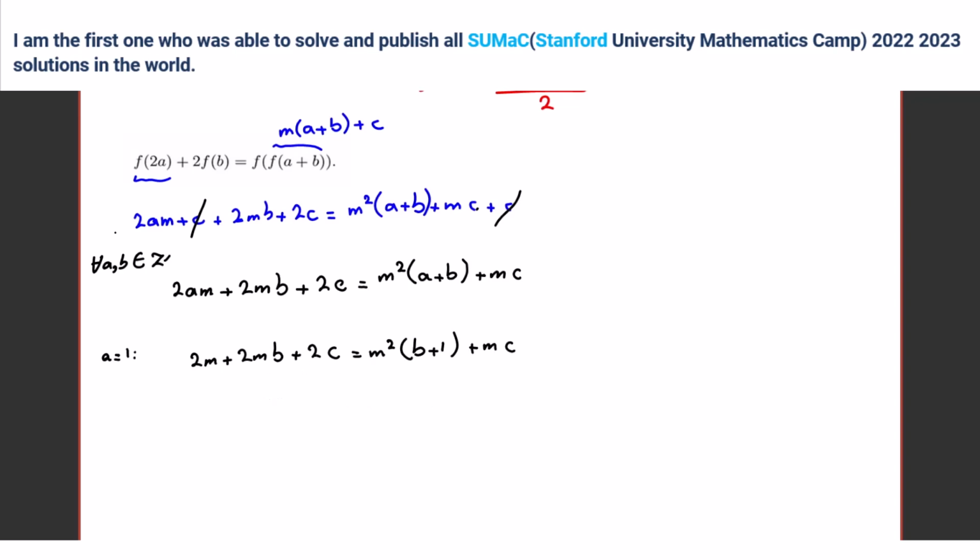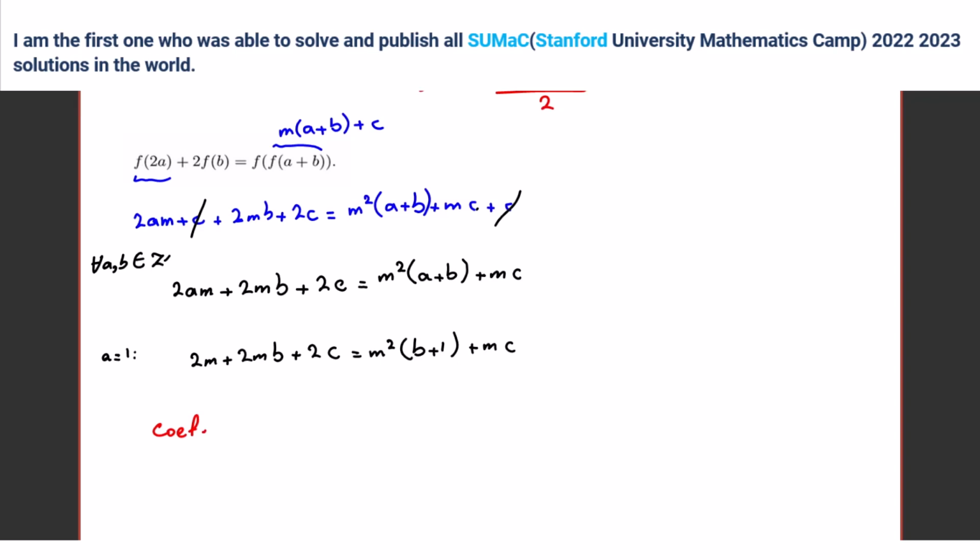So corresponding coefficients should be equal, because these two are equal for infinitely many b. The degree of the polynomial here is 1, and here is 1. If they are equal for more than one value, then corresponding coefficients are equal. Agreed?